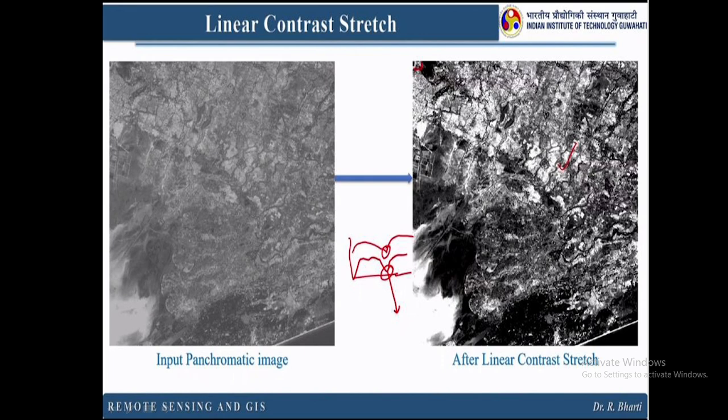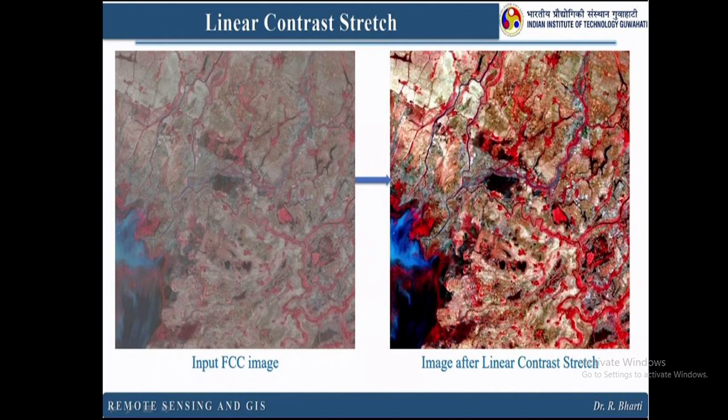Then this is the input FCC, false color composite image, and after the linear contrast stretch, the false color composite image is darker and more visible to our naked eye.